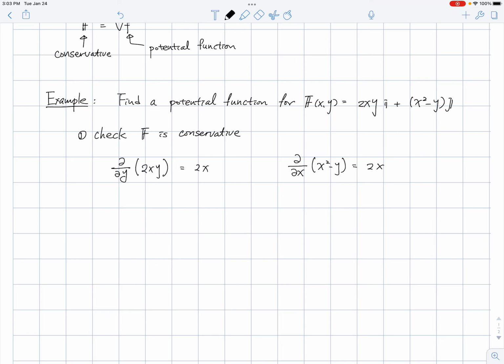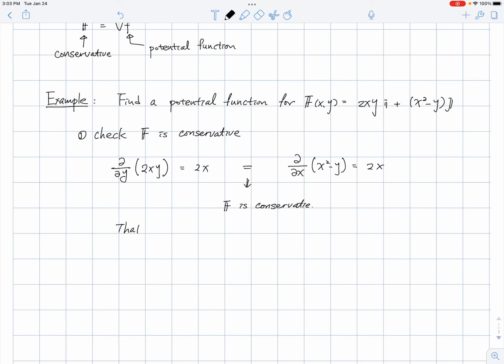So this is also equal to 2x. So the equality here tells you that, okay, f is indeed conservative.